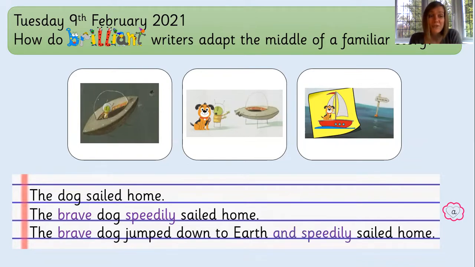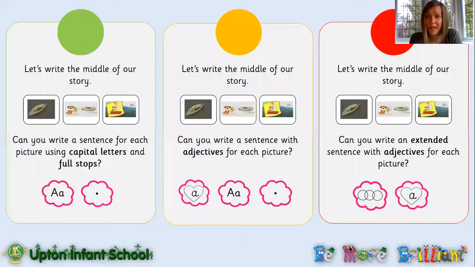The brave dog jumped down to earth and speedily sailed home. So I've told you what the dog did. The brave dog jumped. Look, I've even remembered my capital letter for earth this time. And I've told you what he did next. He speedily sailed home. So I've added my and there. And that's exactly what you can do today with your challenge that you pick.